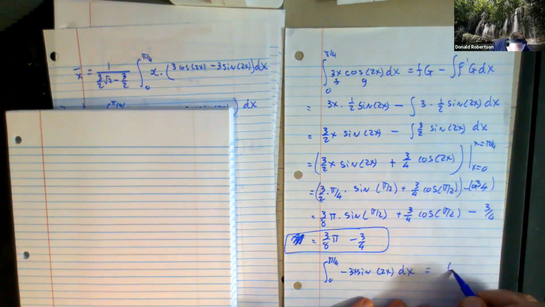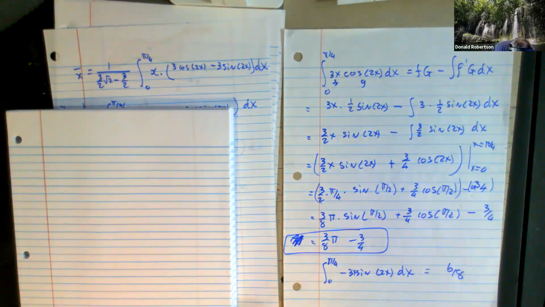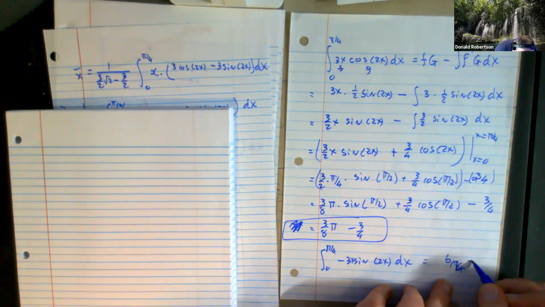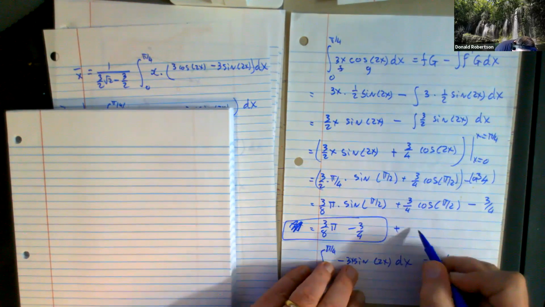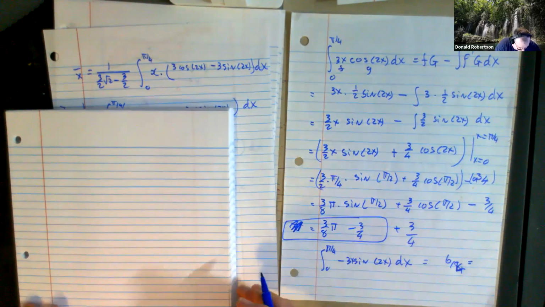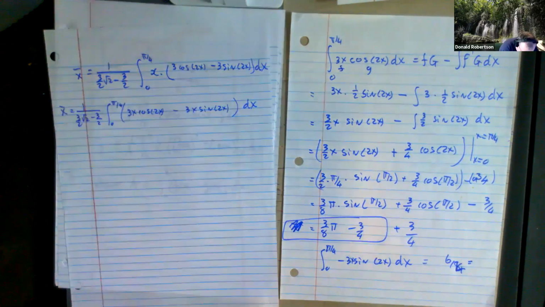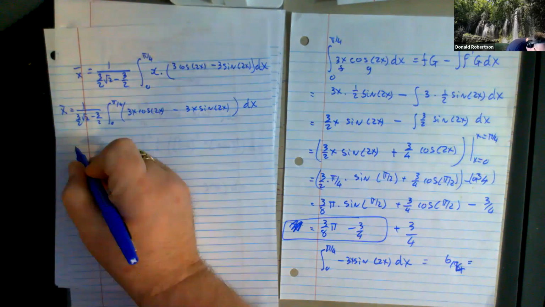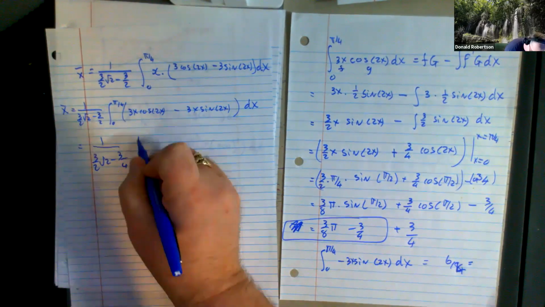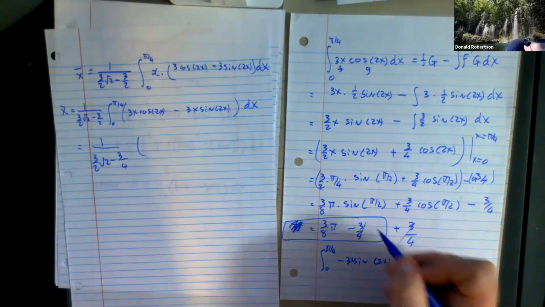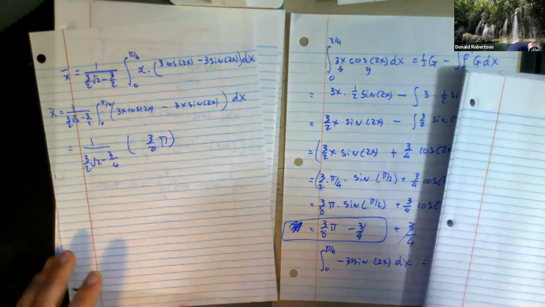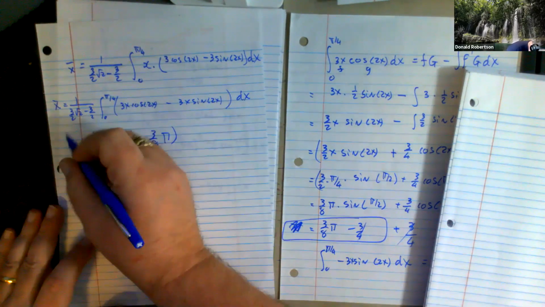Okay, I'm happy now. The answer will be 6/8, not 6/8, 6/4. So add 3/4. If I've done this correctly, which I hope I have, you've got this ugly guy, and they cancel out, times 3x pi. And that is just x bar done.